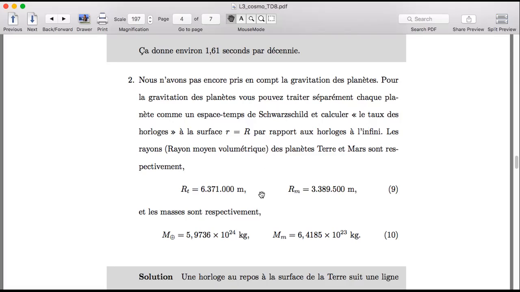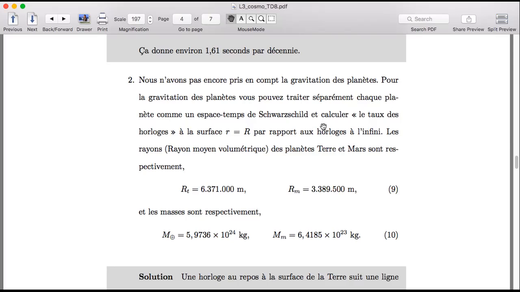And so we can measure the rates of clocks at the surface of the Earth, for instance, compared to a clock at infinity. And similarly, we can do the same for Mars.